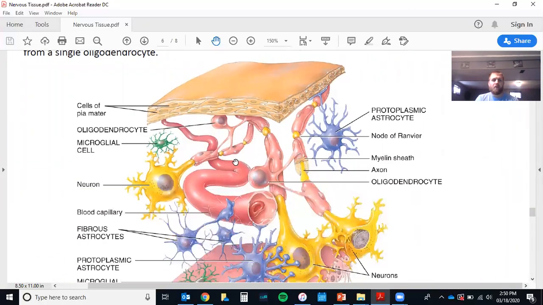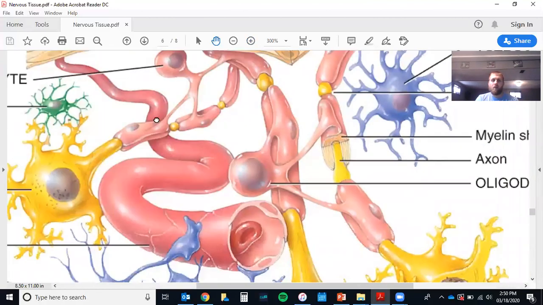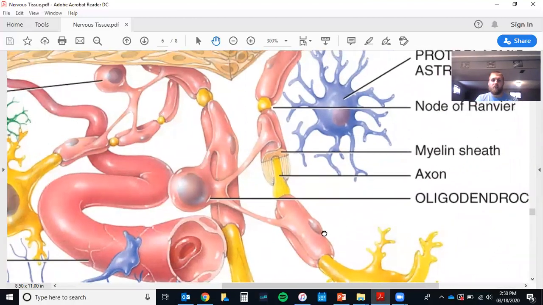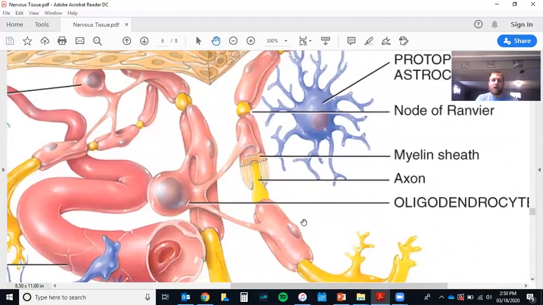And the final type of cells have a fun name to say, oligodendrocytes. To me, they always look like an octopus. They extend around and form the myelin sheath that wraps around axons of our neurons.